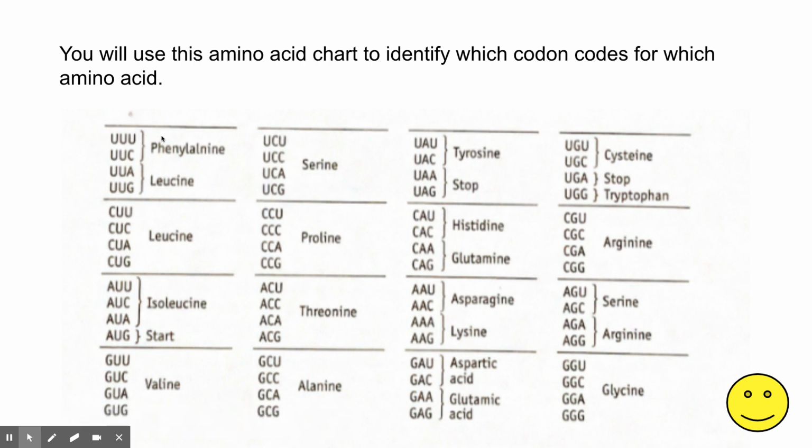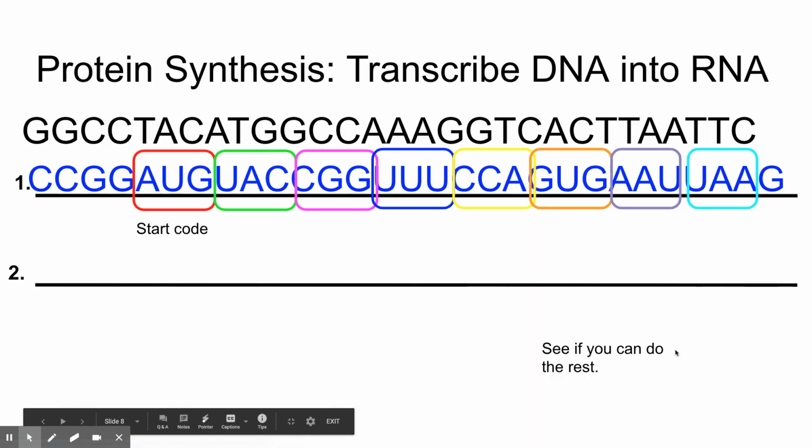It's set up where all the U as a second letter down the side, all the C as a second letter, all the A, second letter, G. We're looking for UAC. That is tyrosine. So notice the little bracket goes with tyrosine. So for this one, you're going to write on the number 2, tyrosine.